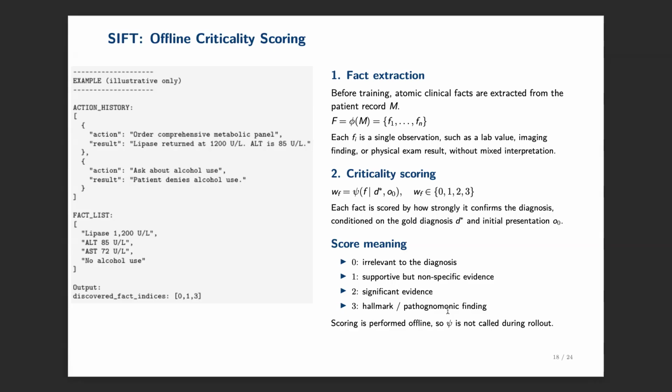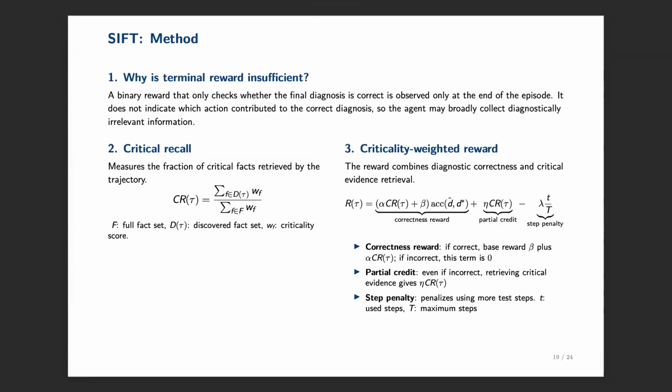The scoring is done offline, so during a rollout, the model does not call the scorer repeatedly. It simply receives reward later based on how much critical evidence was discovered. So the key metric is critical recall.